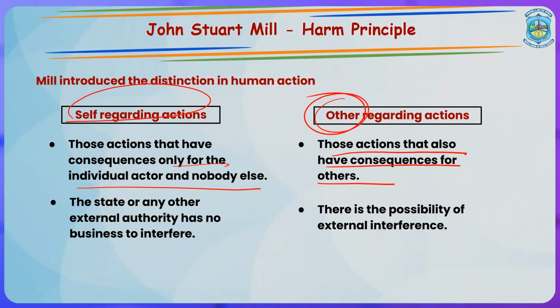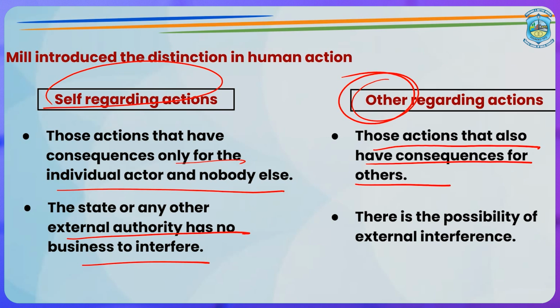Self-regarding action means the state or any other external authority has no business to interfere. When you are harming yourself, when it is a private affair, the government will not intervene. But in other-regarding action, there is a possibility of external interference.